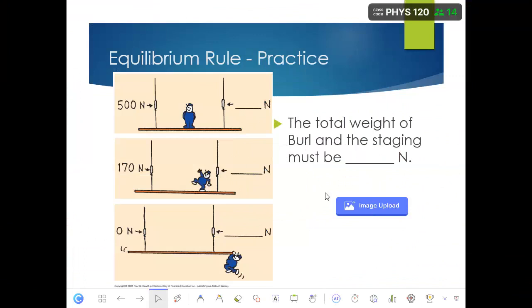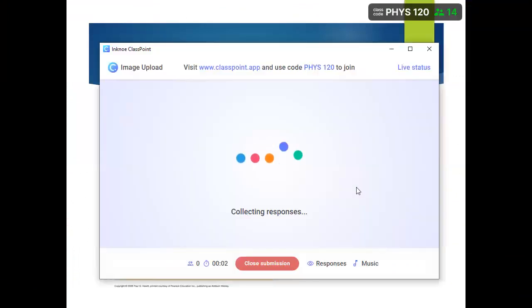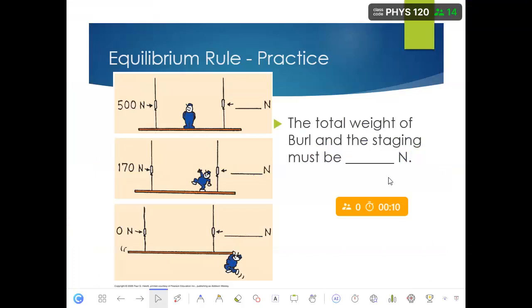Okay. So try to think, okay, when you are done, you can just upload your answer here, okay? Do you want the answer? Exactly, okay. The question is, so we are trying to practice the equilibrium rule.